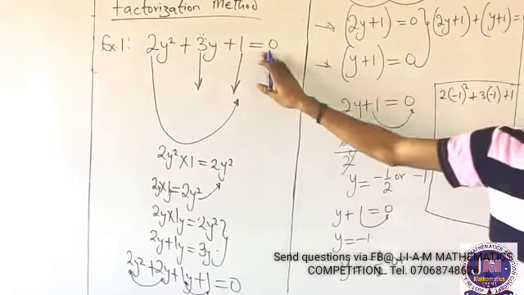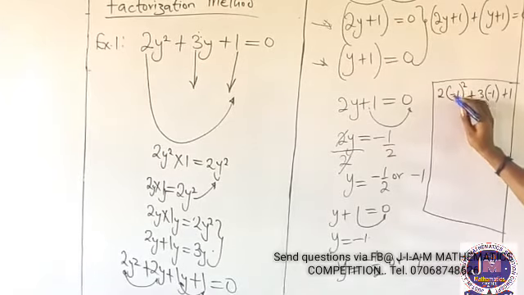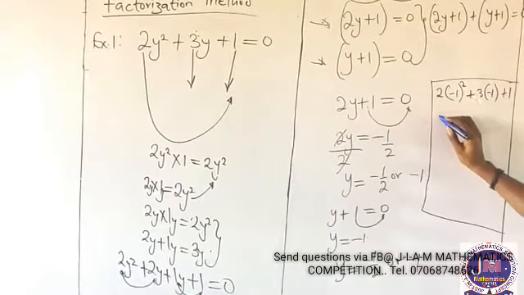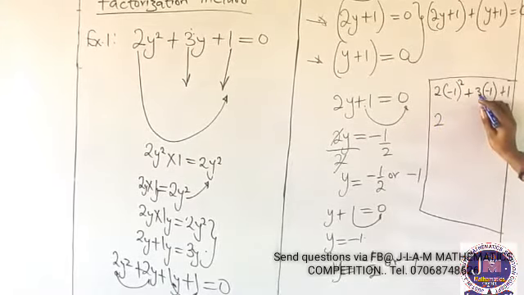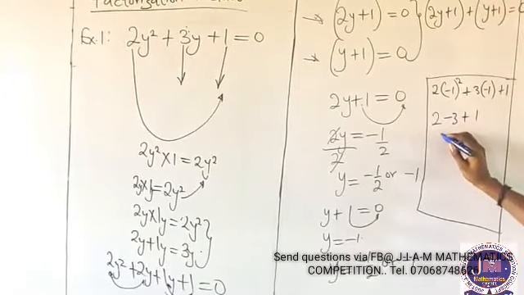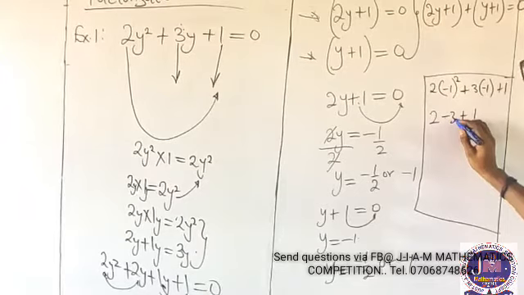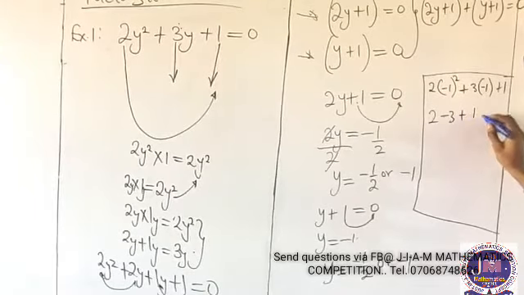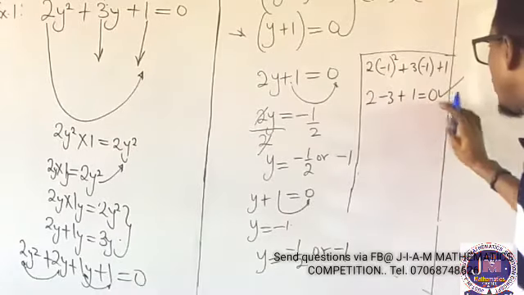Let's see if our answer will be equal to 0. If it is 0, we know we're correct. Minus 1 squared is 1, so 2 times 1 is 2. 3 times minus 1 is minus 3, plus 1. So 2 minus 3 is minus 1, and minus 1 plus 1 is 0. It means your answer is correct.